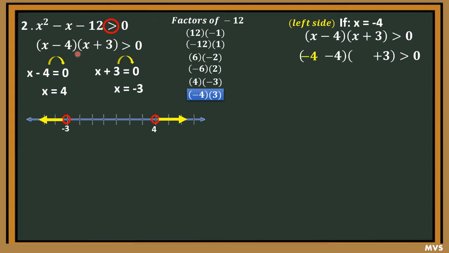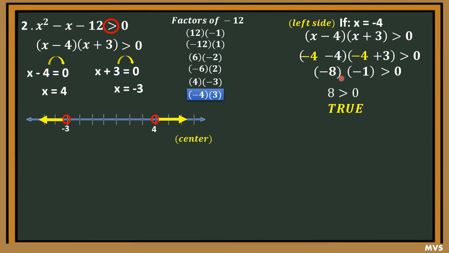Just copy -4, x is -4. Copy +3, then copy greater than 0. Simplify it. -4 minus 4 is -8. -4 plus 3 is -1. Just copy greater than 0. Multiply the 2, +8. Is +8 greater than 0? Yes, that is true. It means that the left side is included in the solution set.